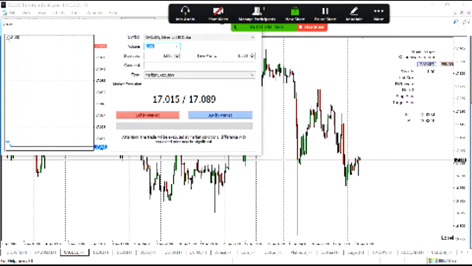Okay. Then also in the dollar CAD pair, I've marked out a double bottom pattern. Okay. That's currently in the works. For those that know the double bottom pattern, the safe entry would be the neckline, okay, and the neckline comes in as marked out at the 38.2 fib level.